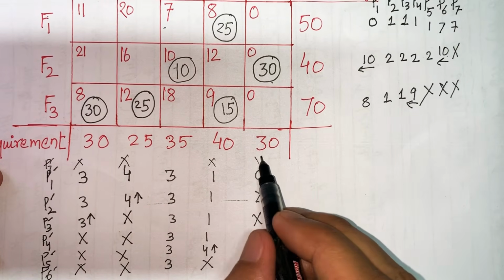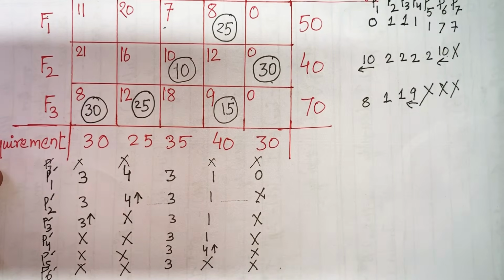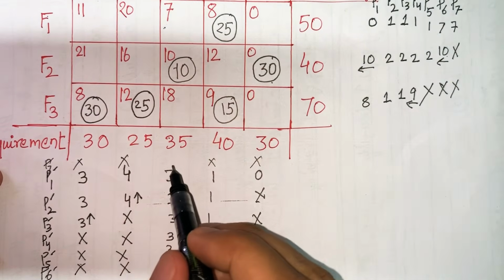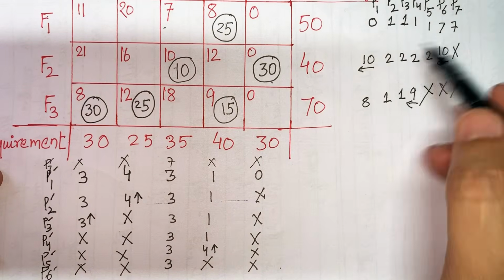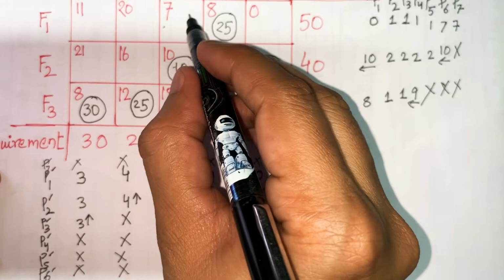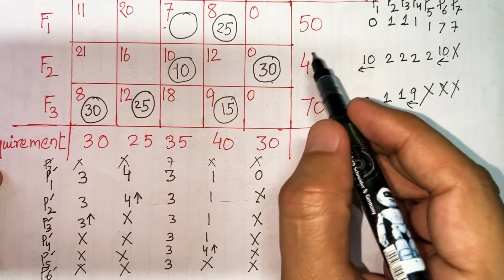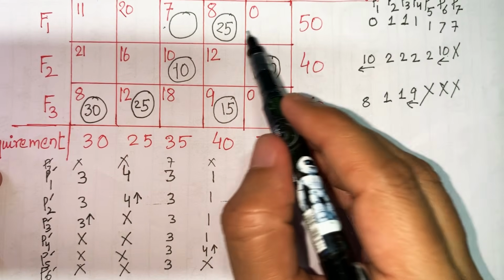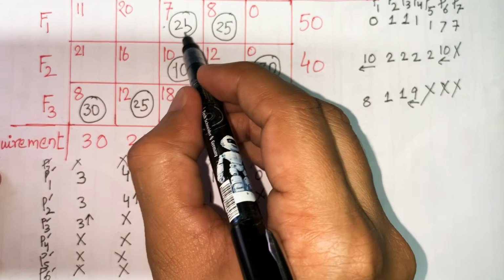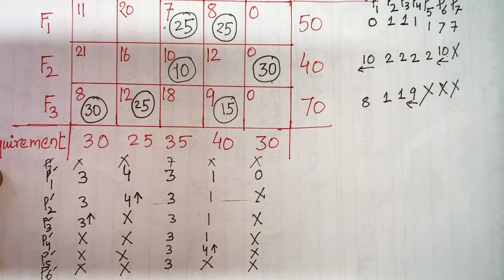Not needed, not needed. And the only thing is, look at this. Here the only thing left is 7. So I can make entry from anywhere, here or here. The only cell left is this, and the total allotment of unit is 25. So that's it. I'm done.